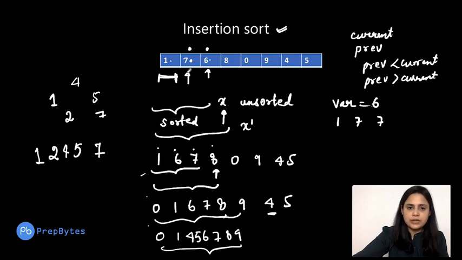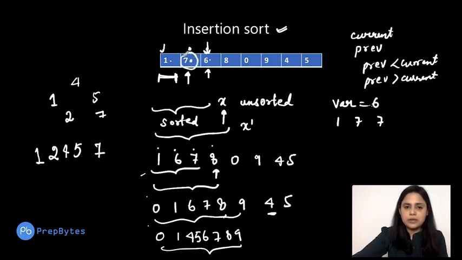Now I checked for this particular part, and now I will go ahead. Now I'll check this number with this particular number. This particular number is smaller than this number, and this number was larger, which means that we can put 6 at this particular place.